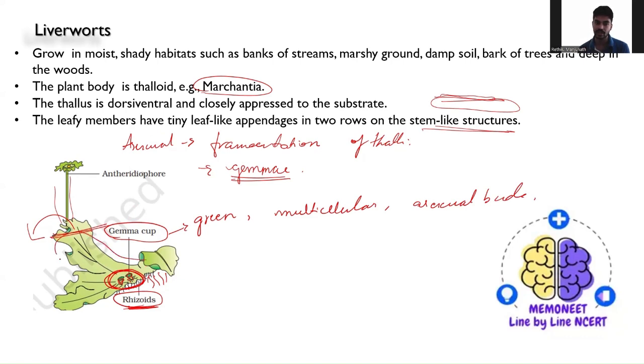This structure you are seeing is the thallus. Later the gemma gets detached from the parental body and germinates into a new individual.